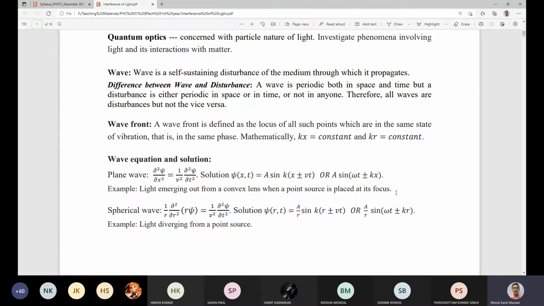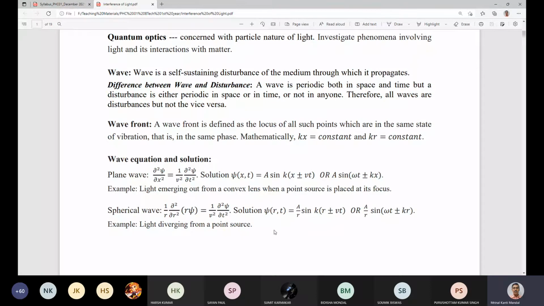So here you see the amplitude of a spherical wave is no longer constant. Its amplitude varies with r, right? For example, consider light diverging from a point source. If you put a point source of light, then light will diverge. And if we consider any distance r from this source, then its intensity changes.